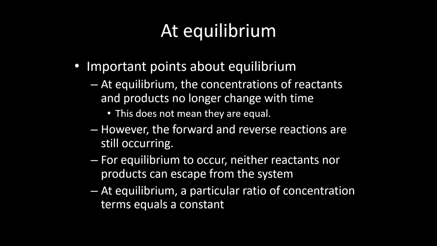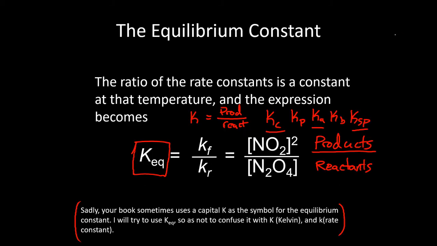And then the last bit there, at equilibrium, a particular ratio of concentration terms equals a constant, which is what we were just talking about back here. There will be some constant value for that reaction at that temperature, because temperature does have an effect. There will be some constant value that will always equal the concentration of products over reactants.